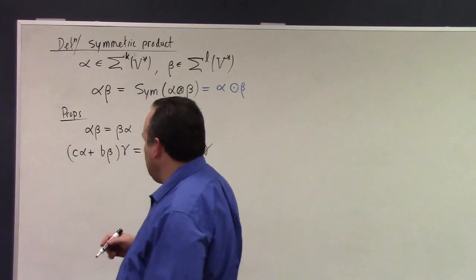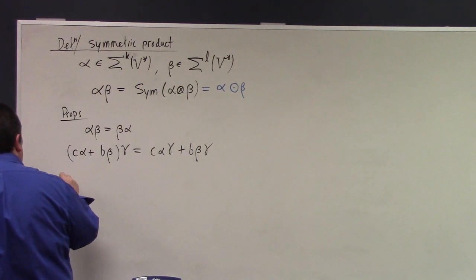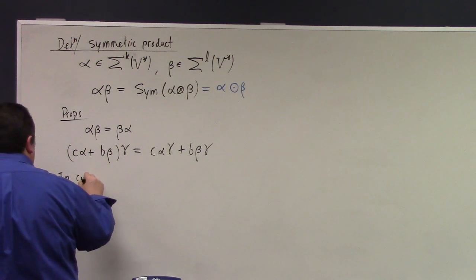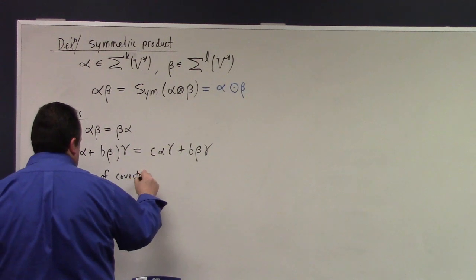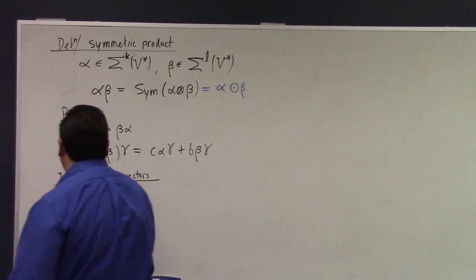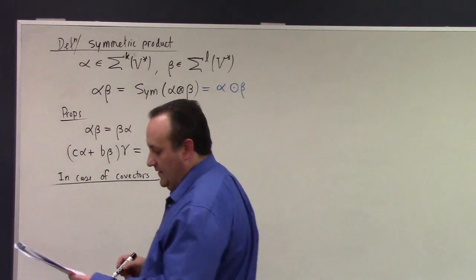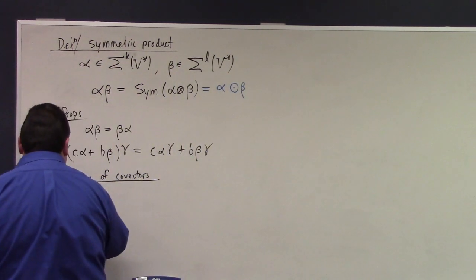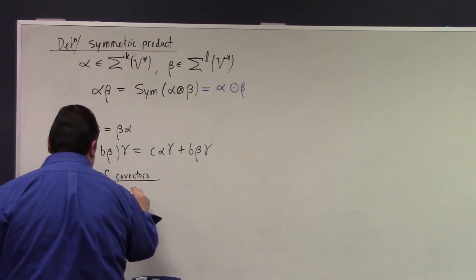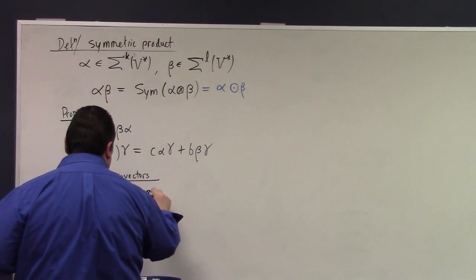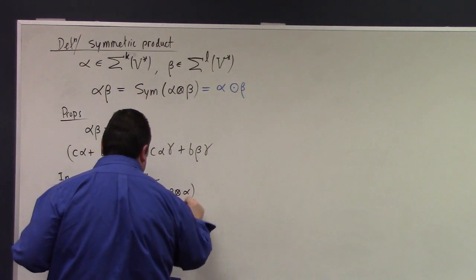But what's more interesting is that in the case of covectors, what does it look like? If alpha and beta are covectors, alpha beta is equal to 1/2 of alpha tensor beta plus beta tensor alpha.